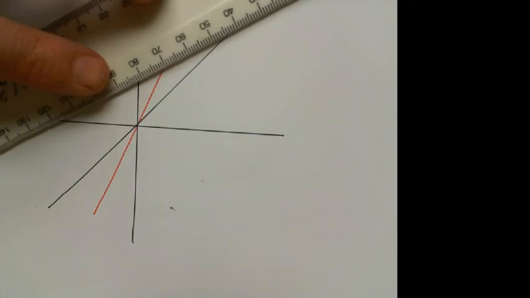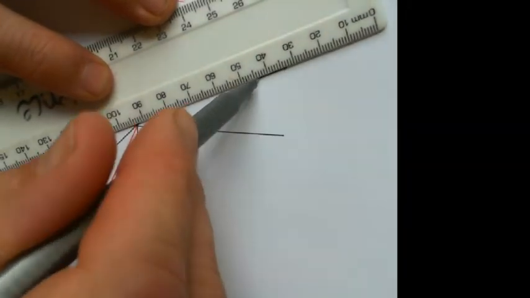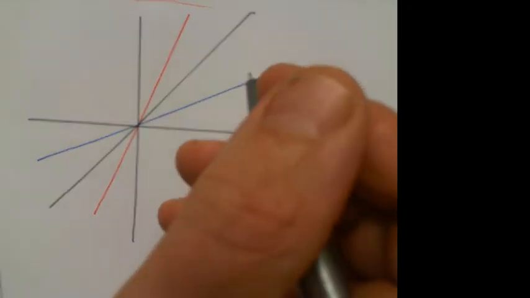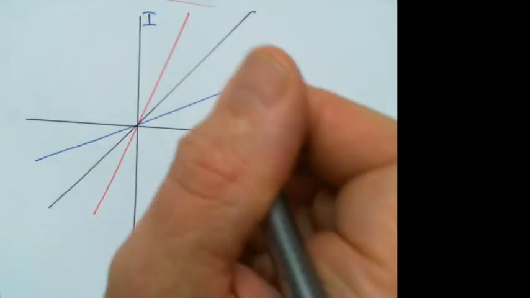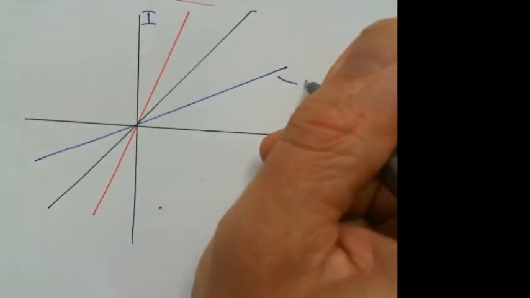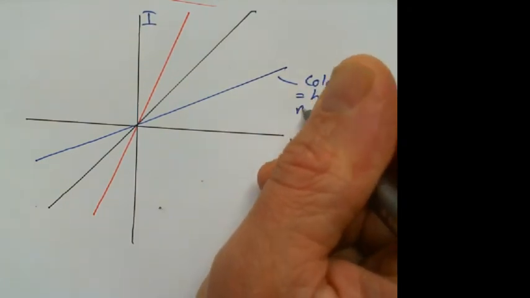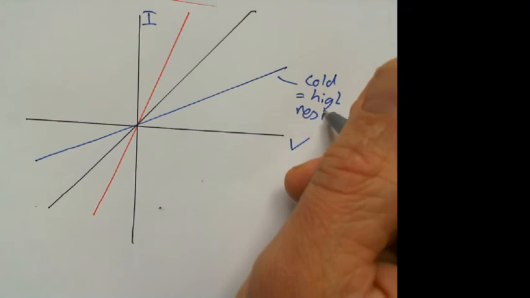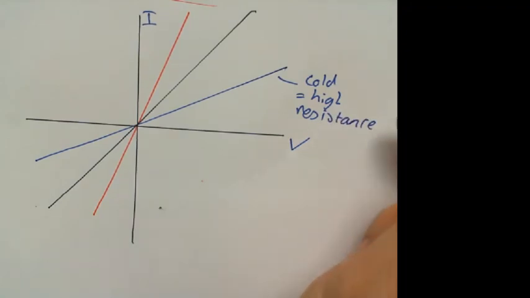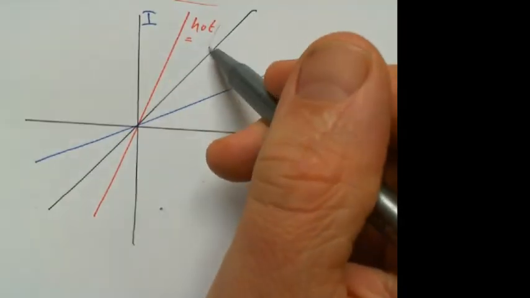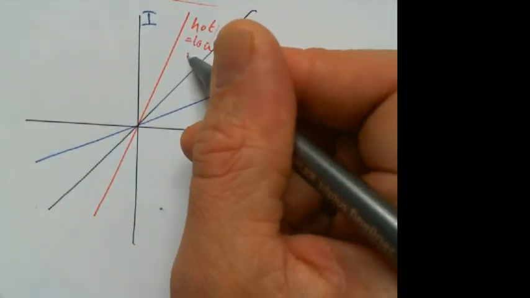If I make it colder, then there's a bigger gap, so I get a higher resistance. So this is my I, this is my V. This is cold equals high resistance. This is hot, and that equals low resistance.